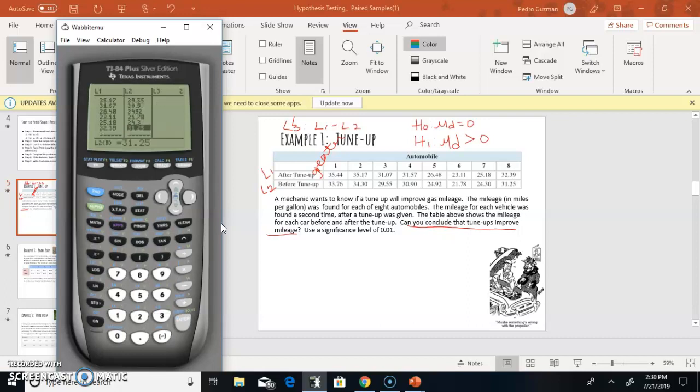Let me just go back and make sure I have 8 in both: 31.25, 24.30, 21.78. Oops, I forgot a decimal there. 24.92. That would have thrown everything off. This is why I check.